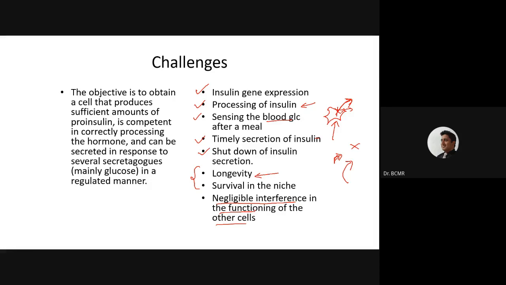These will be the challenges that we have to overcome if we want to take a regenerative medicine approach, which will include cell biology and a gene therapy kind of approach. Okay, I'll stop here. Any questions?